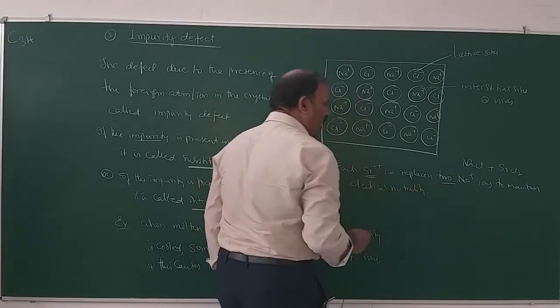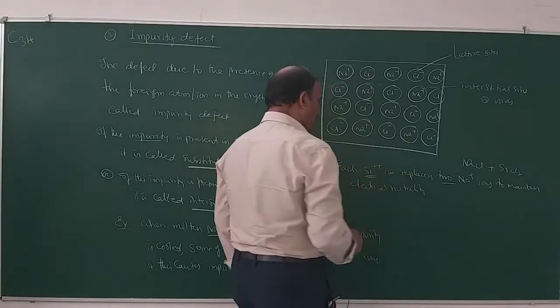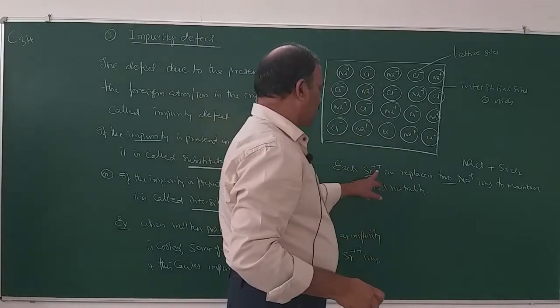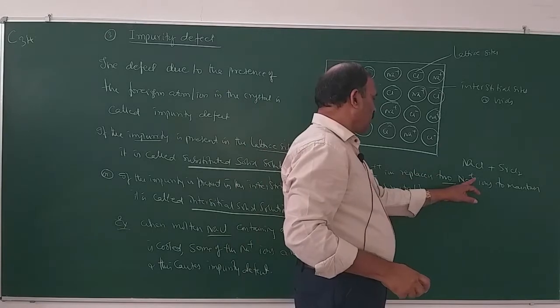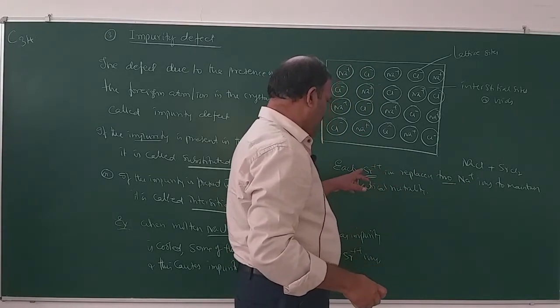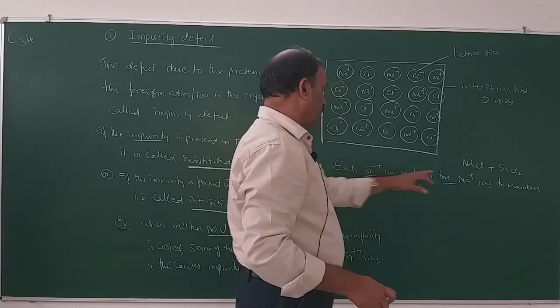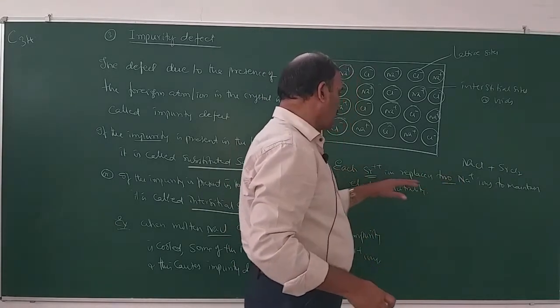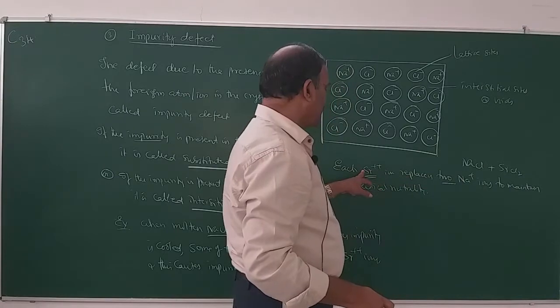So what is the valency of strontium? 2 plus. What is the valency of sodium? 1 plus. So, to maintain electrical neutrality, 2 sodium ions are replaced by 1 strontium ion.